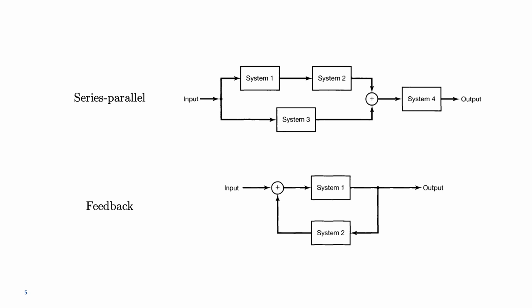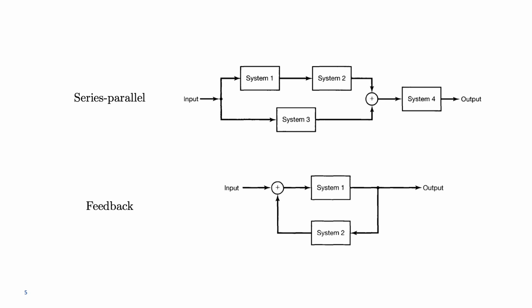But another important type of interconnection is a feedback interconnection, where the output of a first system is the input of a second system, and the output of the second system is fed back and added to the external input of the first system. You see this in the bottom figure. Feedback systems are actually very common.